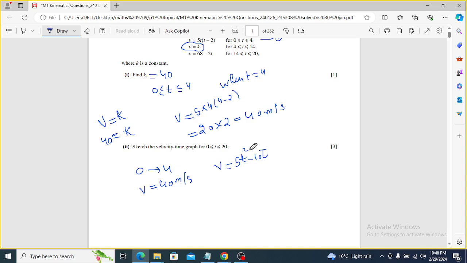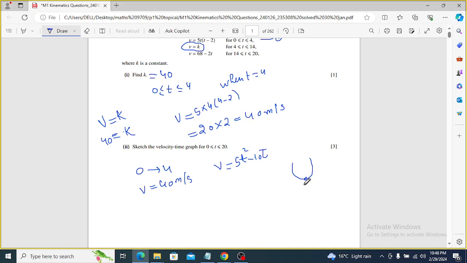When you have a quadratic equation, the graph will be an upward parabola or a downward parabola. If the coefficient of t square is positive, then you get your happy face, the upward parabola. So I will surely keep this in my mind.